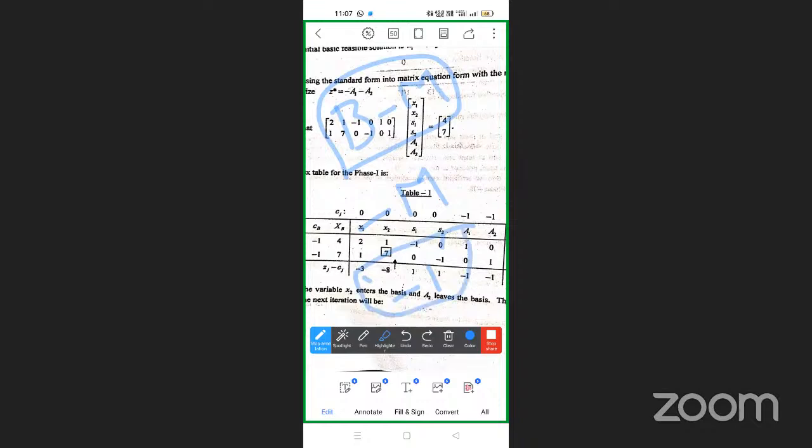So all objective function coefficients are 0, and only the artificial variables get minus 1. Remaining all are zeros.